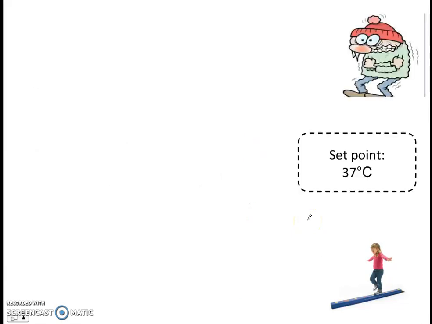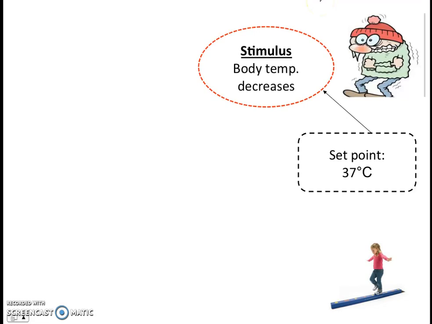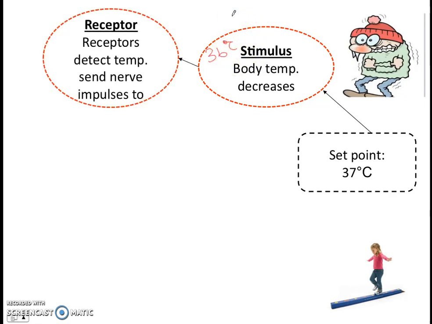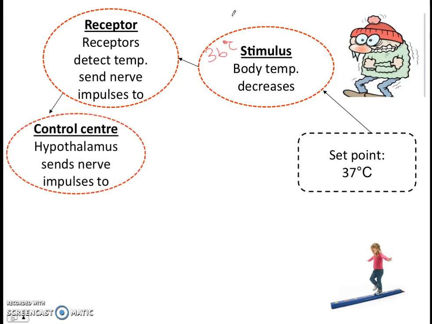Okay, so now for the reverse case, the set point is 37 degrees, but now you're put into a freezing environment and your body temperature decreases, let's say to about 36 degrees Celsius, the core temperature of your body. So this is again detected by the receptors. Receptors will send this information to the control center. Control center will compare the current temperature, 36 degrees, to the set point.